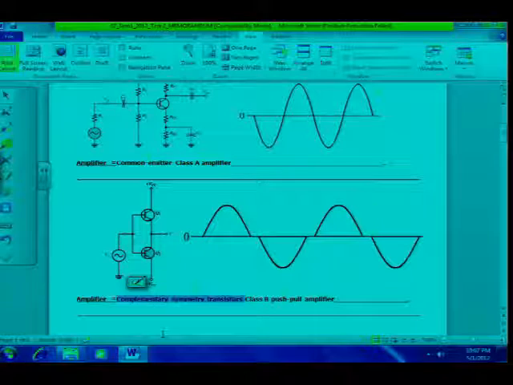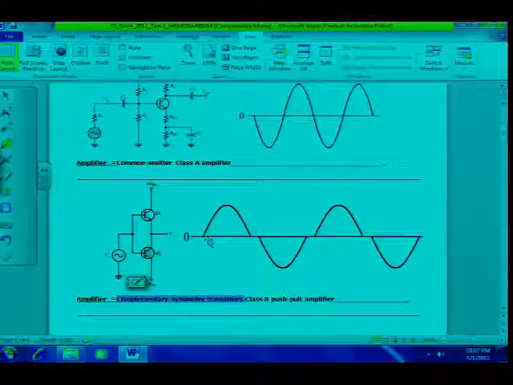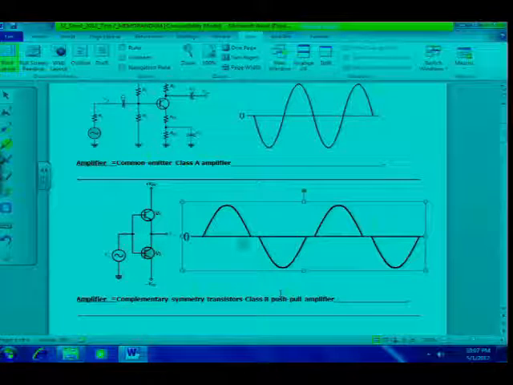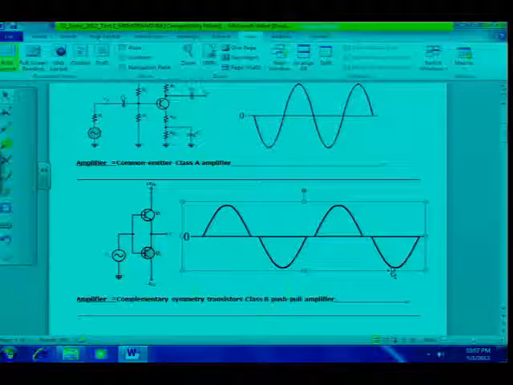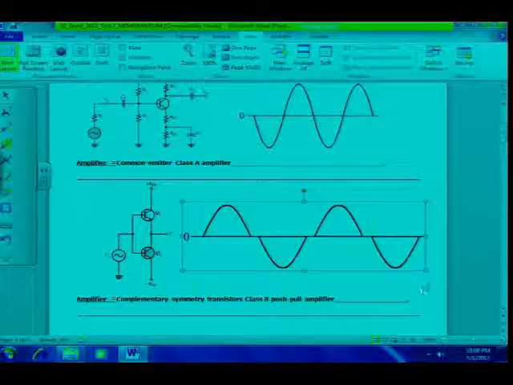And of course it's a class B push-pull amplifier. It's not just a class B amplifier. Now a class B amplifier only amplifies the positive alternation. So it's a class B push-pull amplifier for 1 mark, and we're using the complementary symmetry transistors method. And I can see here on the output waveform that I have my crossover distortion still there. So it's not a class AB. Remember, class AB is the one that is biased as well.